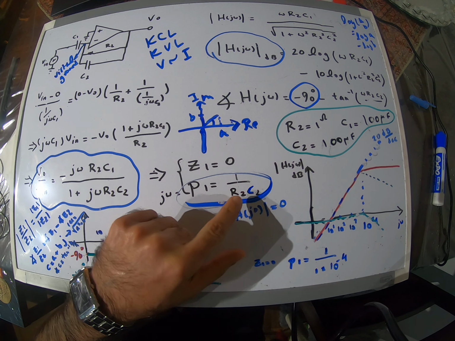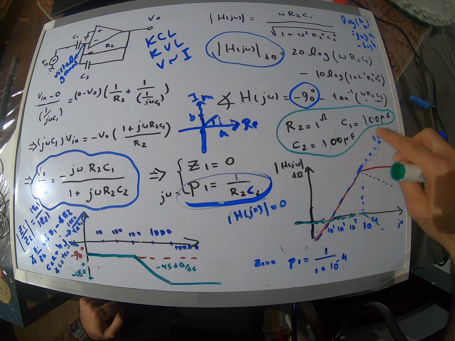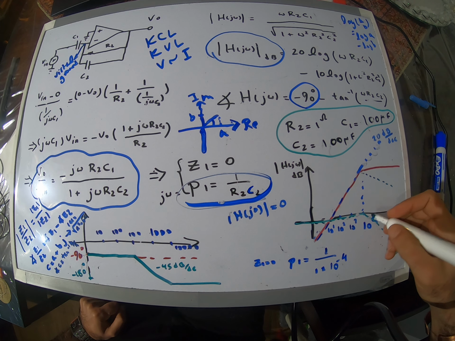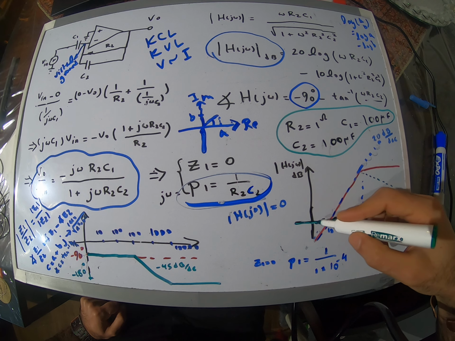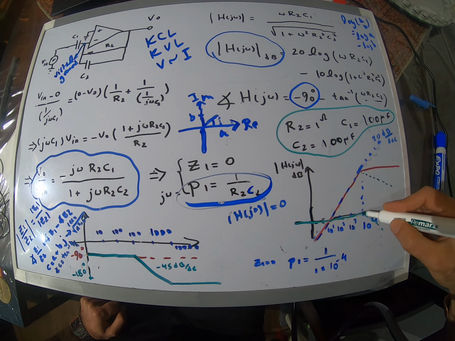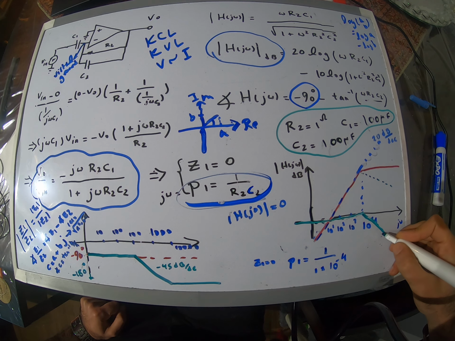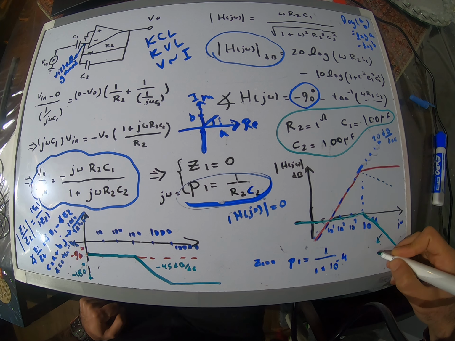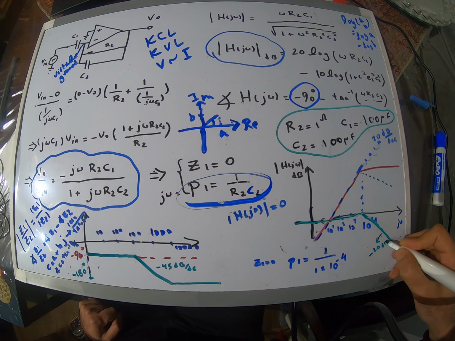So 1 over R2C2 is going to be 1 over 10 to the power negative 4, so it's going to be 10 to the power 4, right? So the impact of the pole would be nothing happening up to this point, and then it's going to go down with the slope of, what's the slope? Negative 20 dB per decade, right?